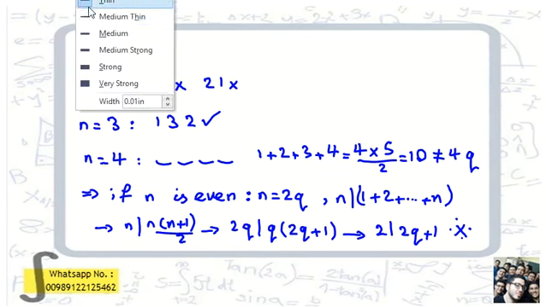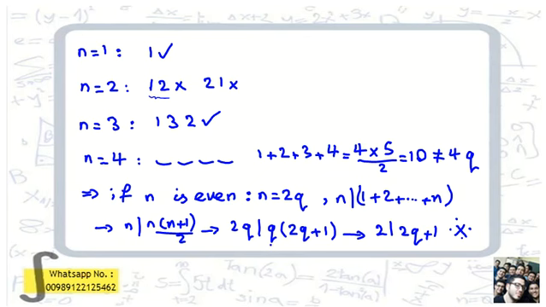So 2q must divide q times (2q plus 1). If we divide both sides by q, then we conclude that 2 must divide 2q plus 1, which is a contradiction. So we've proved that when n is even, the problem is not true.